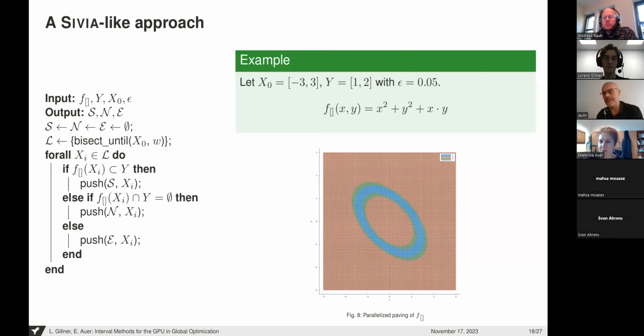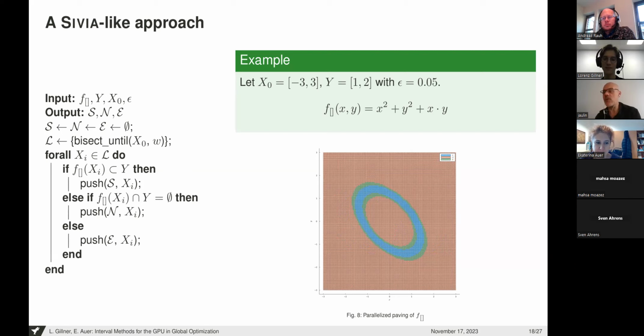So yes, it's a brute force approach, but it's not as important on the GPU, because you just have the computing power. Okay, that's clear.